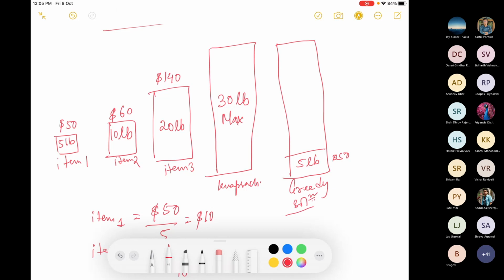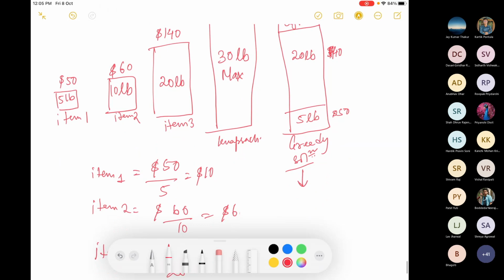Then next, the 20 pound item, that gives you 140. And then you have only 5 pounds left. Can you do anything with these last 5 pounds? No, sir. So this is the best profit that you can earn using a greedy approach.